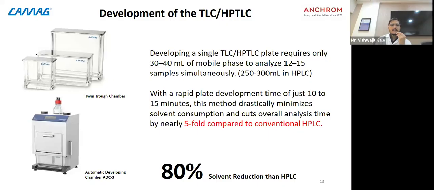With a rapid plate development time of just 10 to 15 minutes, this method drastically minimizes solvent consumption. So it is 5 times lesser solvent consumption compared to conventional techniques like HPLC. So it reduces solvent use by 80%. Generally HPLC uses 250 to 300 milliliters for 12 to 15 samples, but this uses 30 to 40 milliliters only.